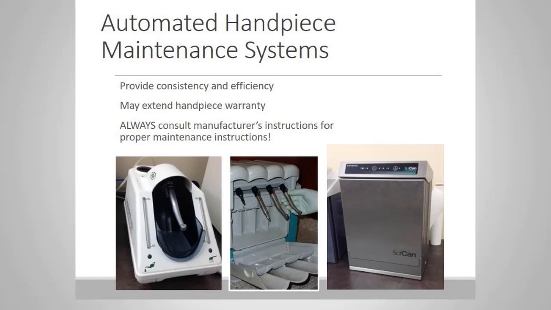If you use a handpiece maintenance system, that shouldn't be necessary, because once again it provides consistency and provides lubrication and blasts out the excess lubricant consistently and effectively each and every time. So if you don't have one of these, I encourage you to look into one.